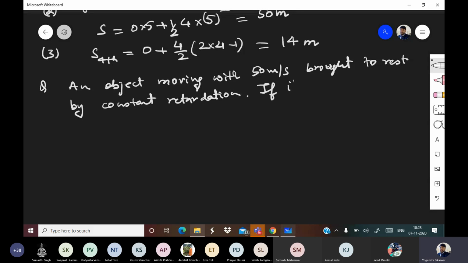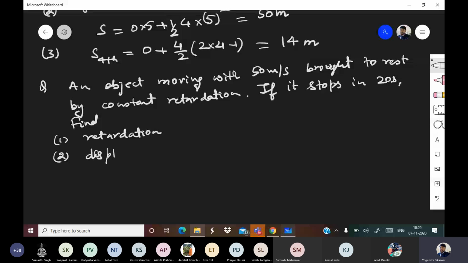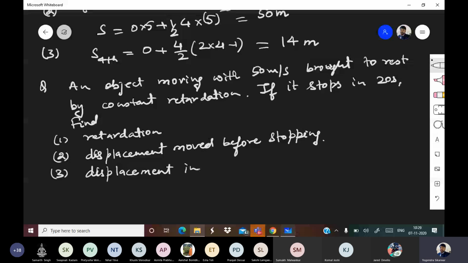If it stops in 20 seconds, find number 1, retardation, number 2, displacement moved before stopping, number 3, displacement in the last second. Please find, everyone.